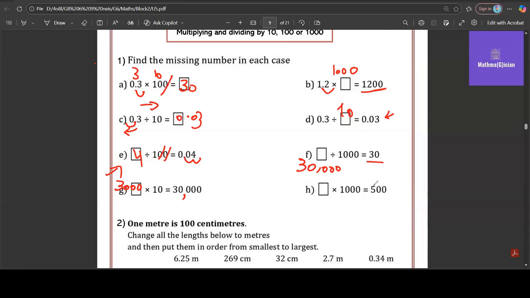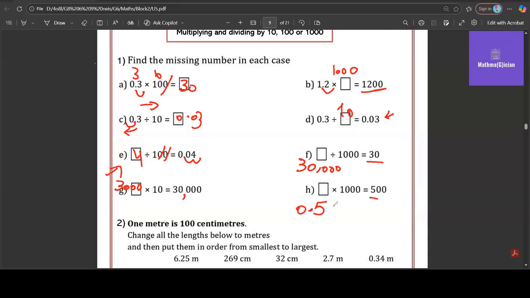With the table of 5, or table of 10, or table of 20. Okay, but that's a 5, so it should be holding a 5. Is it 5, like 5 by 1,000 equals 500? Or is it half, which is 0.5?